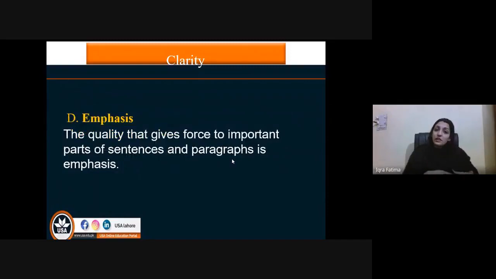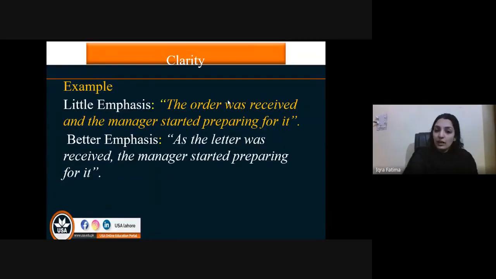Emphasis, the quality that gives force to important parts of the sentences and paragraphs, is emphasis. So the things which are important, you have to put emphasis on those things. Let's suppose little emphasis: the order was received and the manager started preparing for it. But better emphasis: as the letter was received, the manager started preparing for it.